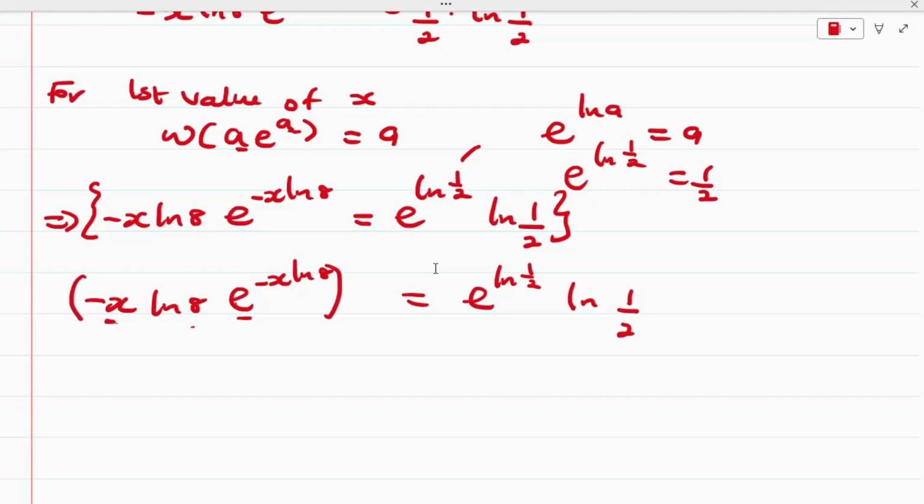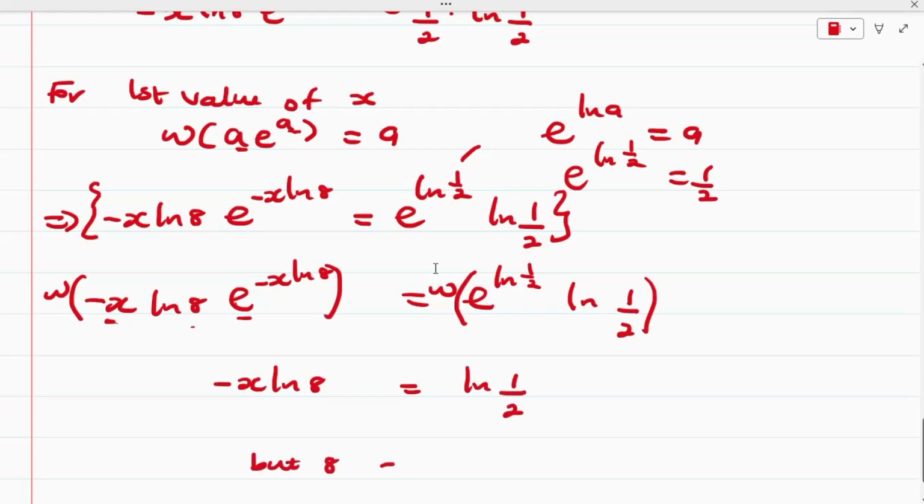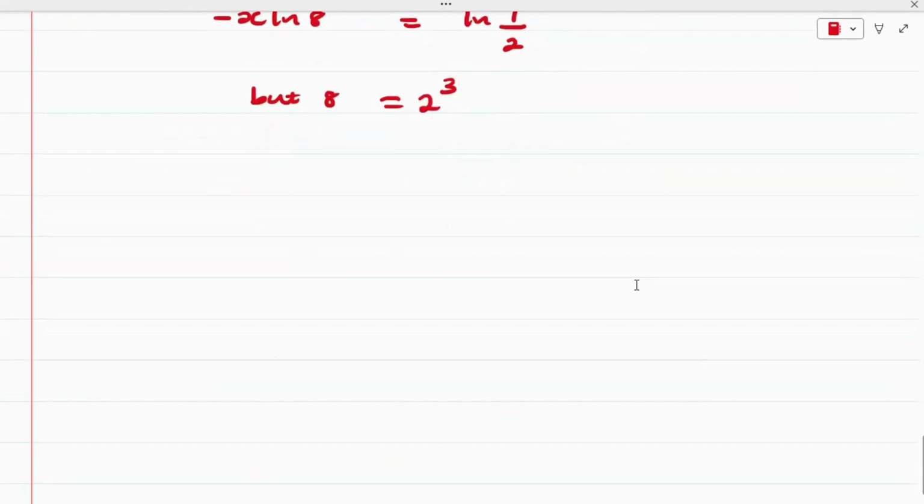So applying the Lambert W function to both sides of the equation, we have minus x ln of 8 is equal to ln of 1 over 2. But we know that 8 is equal to 2 raised to the power of 3. So this becomes minus x ln of 2 raised to the power of 3 is equal to ln of 1 over 2, which can be written as 2 raised to the power of minus 1.